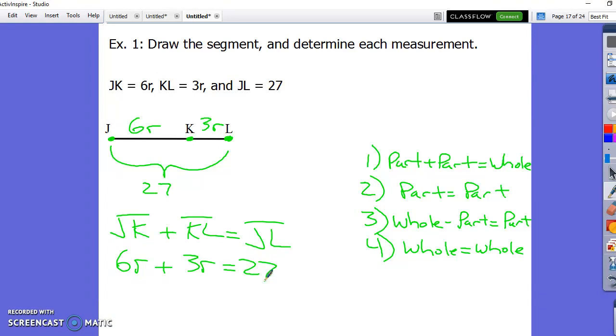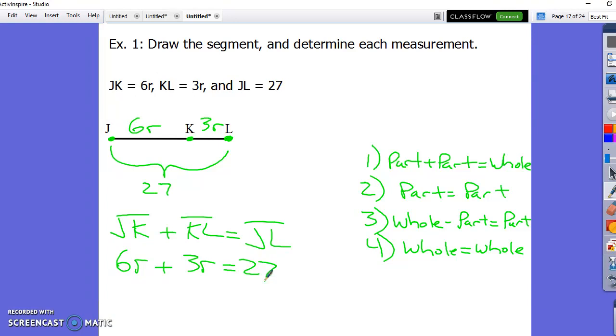Now it's just algebra. All right? Charlie, what do I want to do now? Okay, and how am I going to do that? Right, but right here, right now, what do I want to do? 6 plus 3.